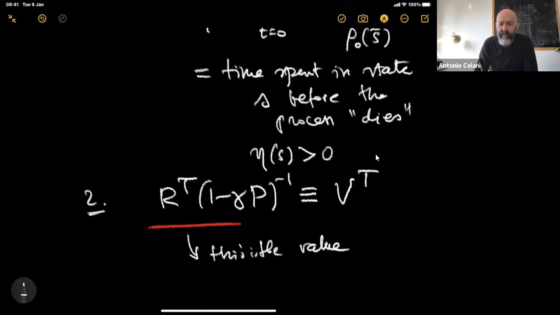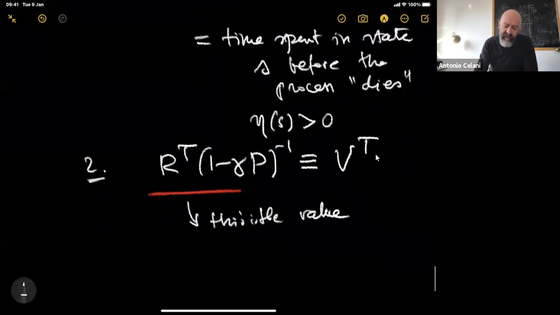This is the same object that we introduced at the beginning of our lectures. So the entry S of this vector is the value of state S.